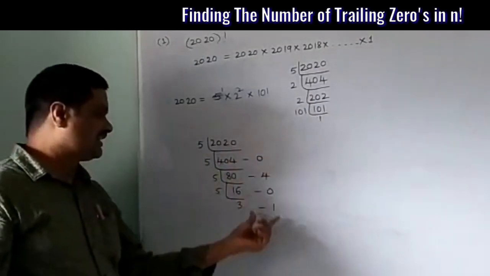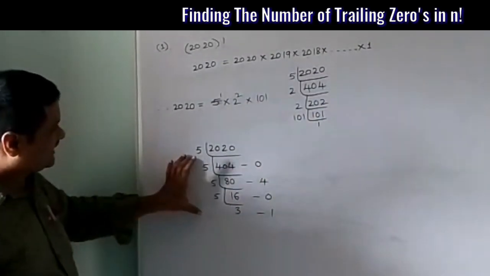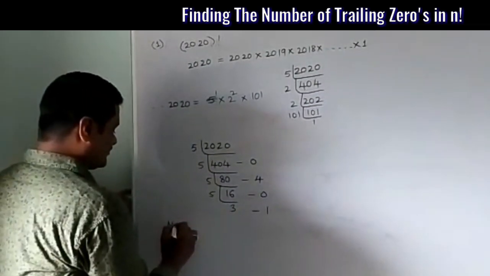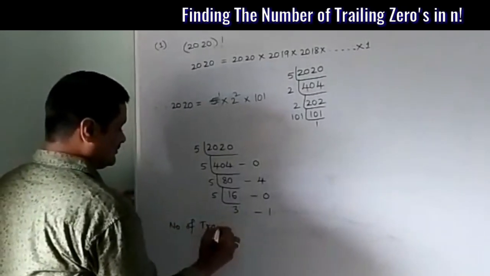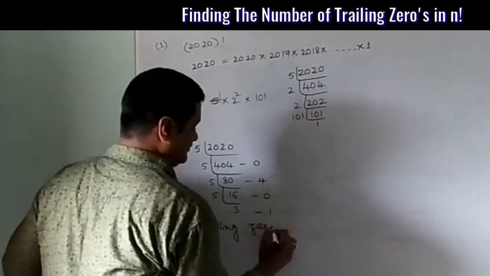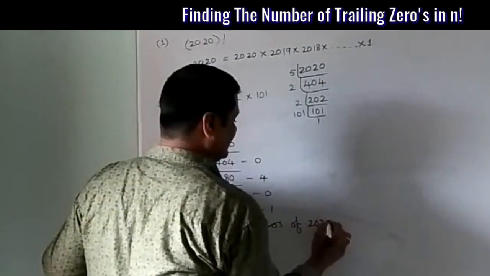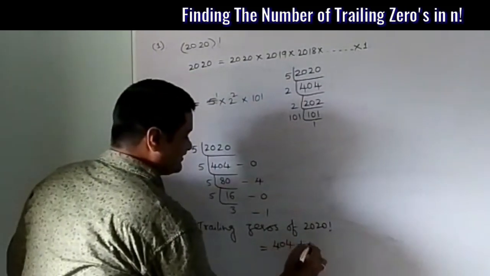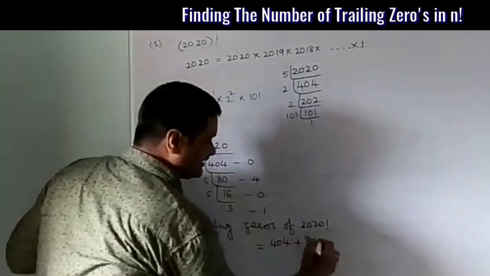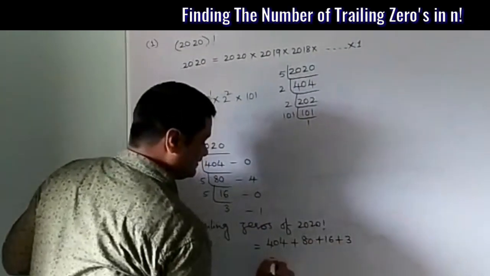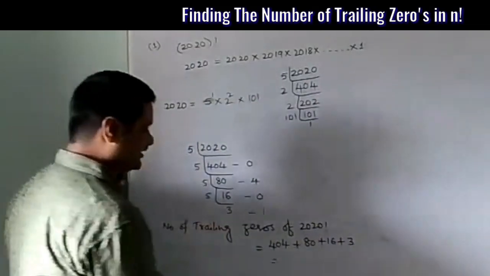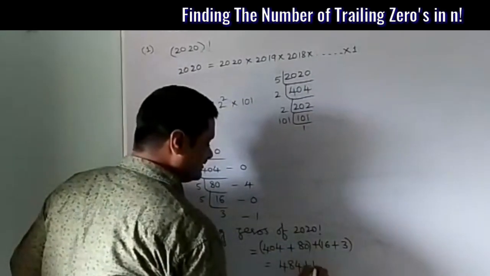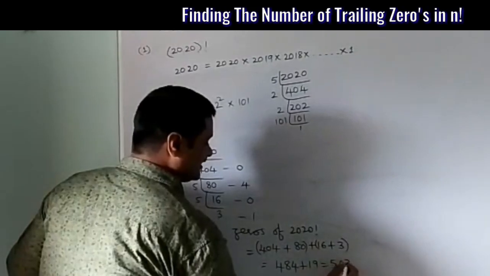Now ignore the remainders and consider only the quotients when divided by 5. The number of trailing zeros of 2020 factorial is given by the sum of the quotients: 404, 80, 16, and 3. Adding, we get 484, and adding 19 gives 503.